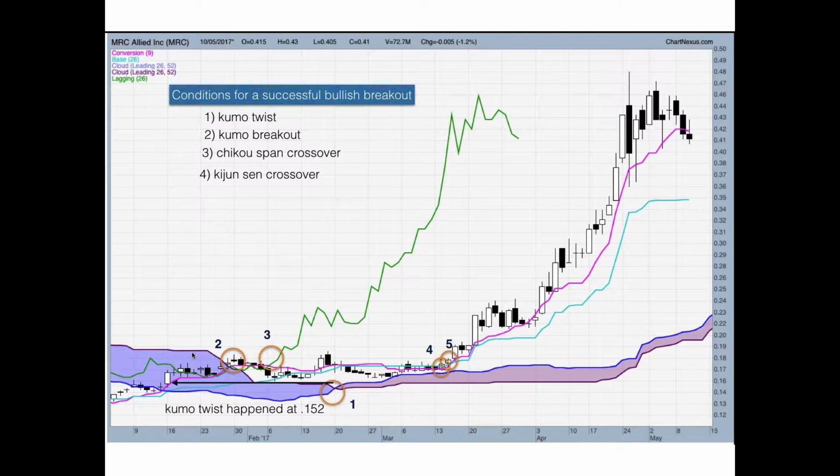These are all strong bullish signals. So since 2, 3, 4, and 5 happened above the Kumo, then we have strong bullish signals. True enough, the strong move happened after these signals occurred.